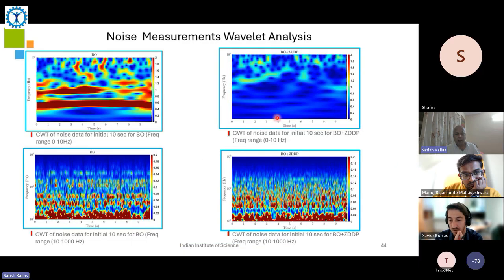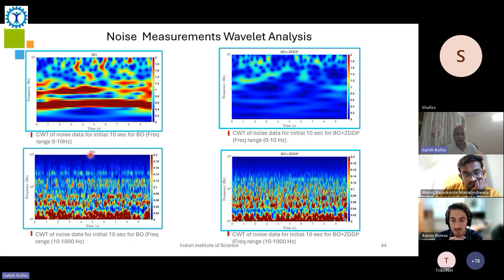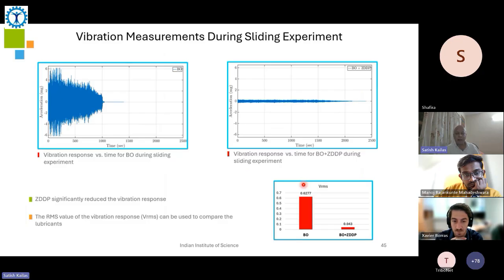And we also see that when I'm doing this analysis for this scale, I will not be able to discern this region. So we separated that region out. This is the low frequency region separately, and this is the high frequency region. You can see that the very high frequencies just completely die down by using ZDDP. And this is the vibration measurement, a significant change in the vibrations of the system with base oil and ZDDP.